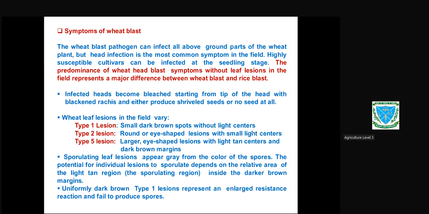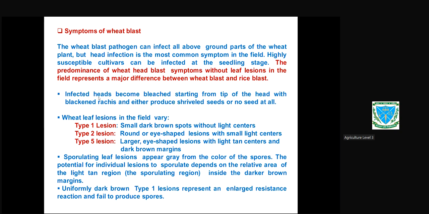You see here, usually we can notice symptoms on the above-ground parts, but the most common symptom is infection of the head. Usually in the case of wheat blast, we cannot see leaf infection. In most cases we cannot see the leaf infection, but we can see the infection on the head.